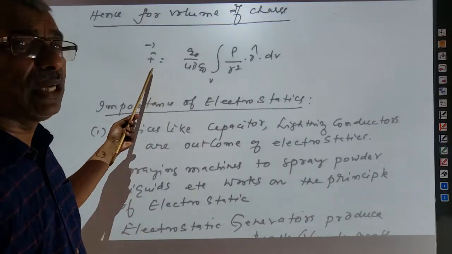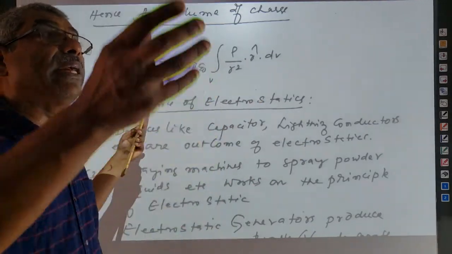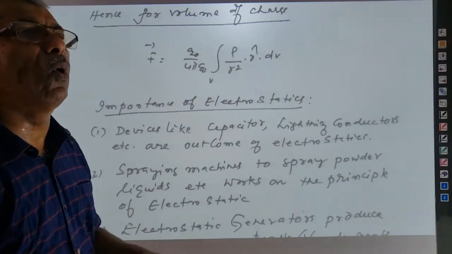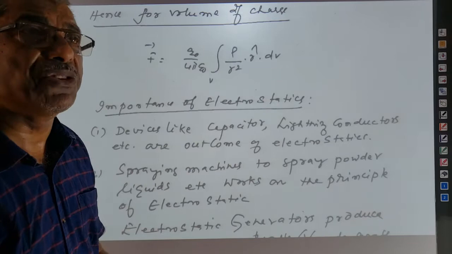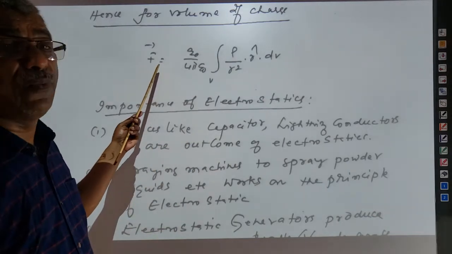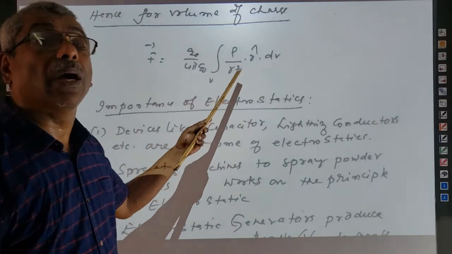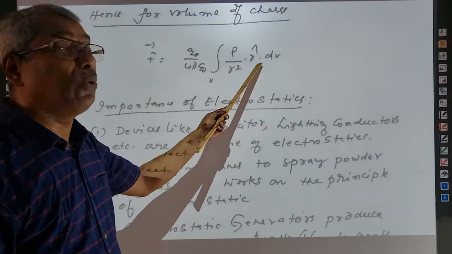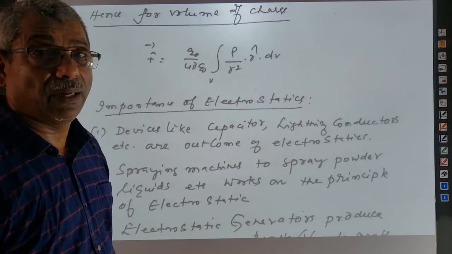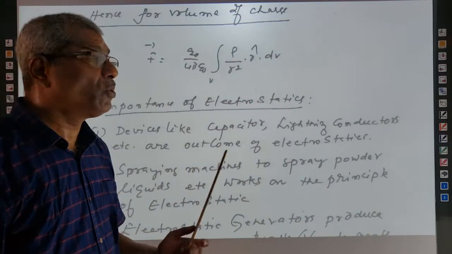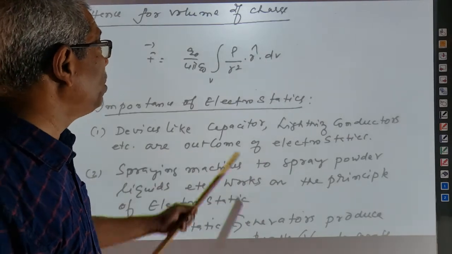In this case, we can prove that the total force acting on a test charge at a distance r away from a big cubical volume carrying charge uniformly distributed is given by vector F equal to q by 4 pi epsilon 0 into rho by r square in the unit vector r dV. So this is volume of charge. This is what is called continuous charge distribution.